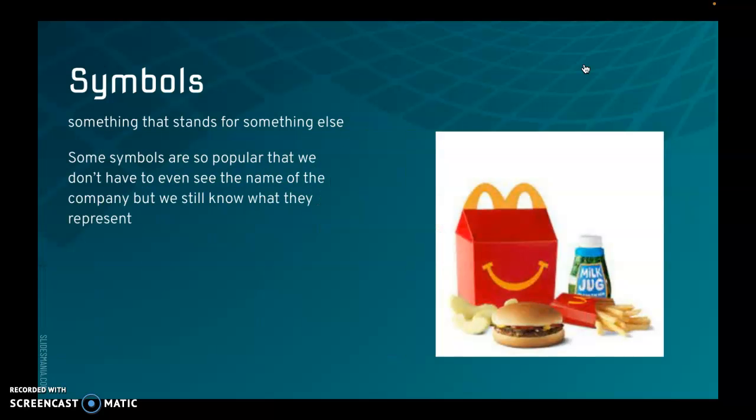For example, looking at this picture, you automatically knew that the company was McDonald's. There was no name on here that said McDonald's, but just by looking at it, you knew that it was McDonald's. So this is a symbol, or it represents McDonald's.